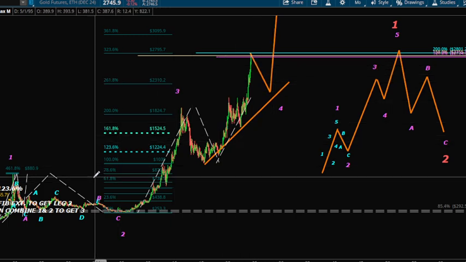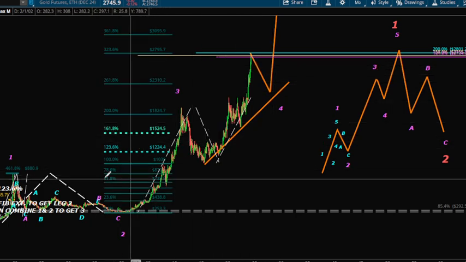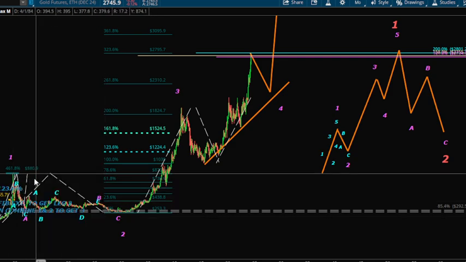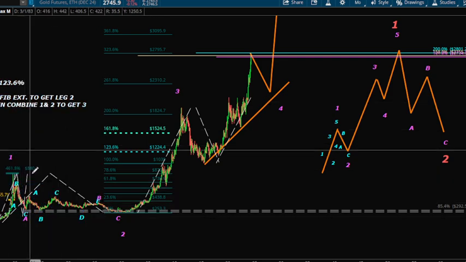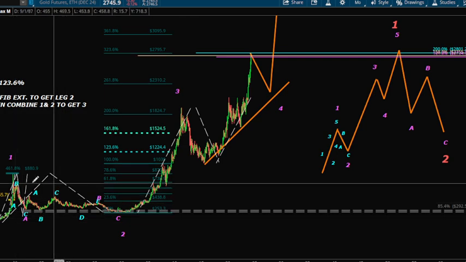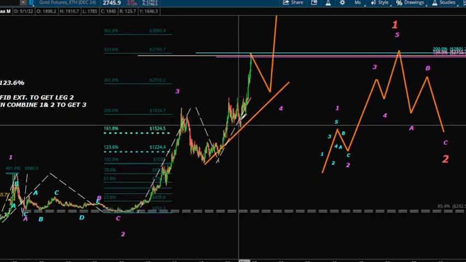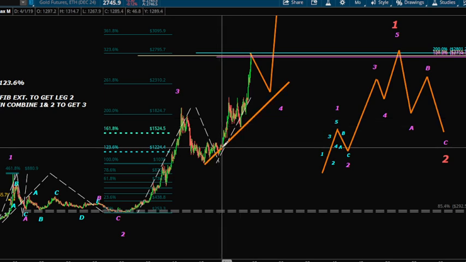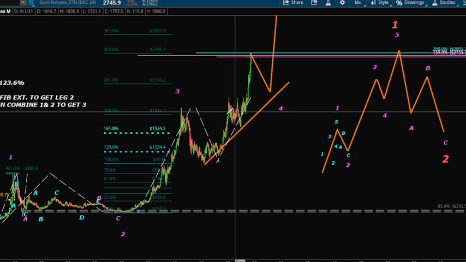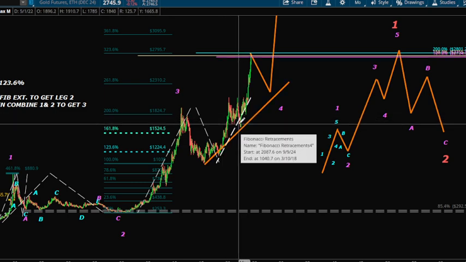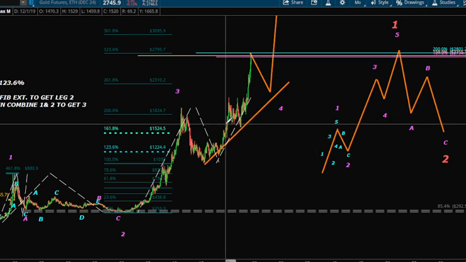You don't have to be an expert in counting waves to know that. Even though this is a mess here, let me see if I can move this here. So you've got some price action movement here, here, and here, and then some internals on a lower degree, one here and one here. Time plays a factor in reading charts.